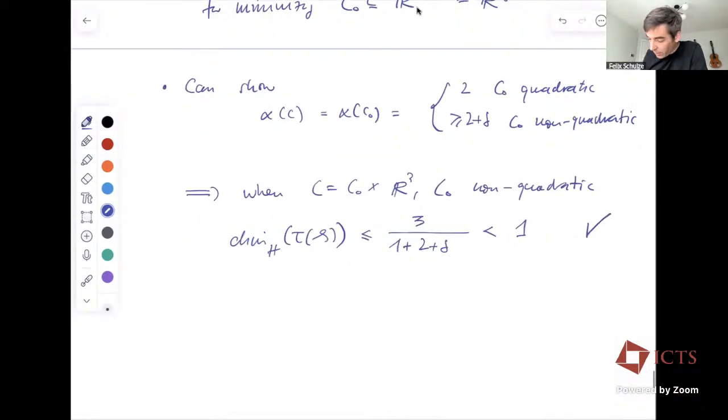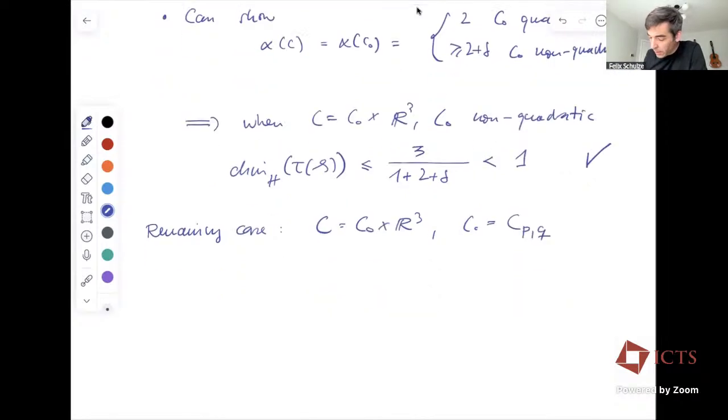So what is the remaining case? What we need to handle is that if C0 is C0 cross R^3 and C0 is a quadratic cone CPQ. Okay, now we need to handle this case, we need to do refined Jacobi field analysis.